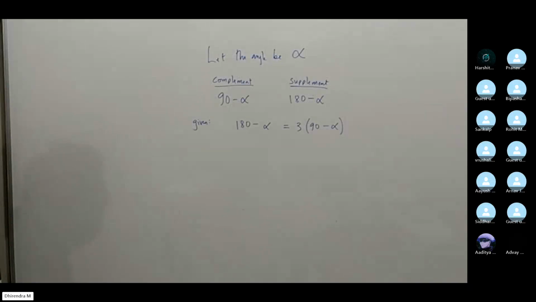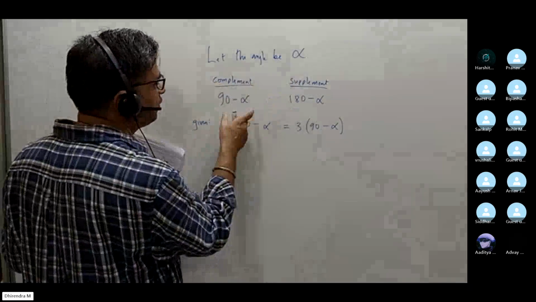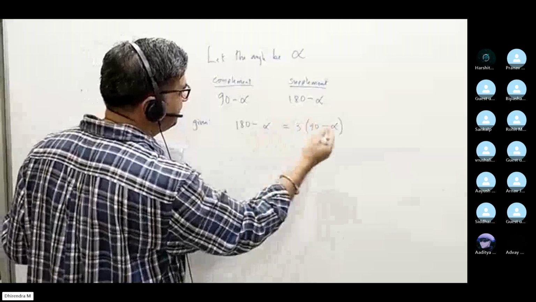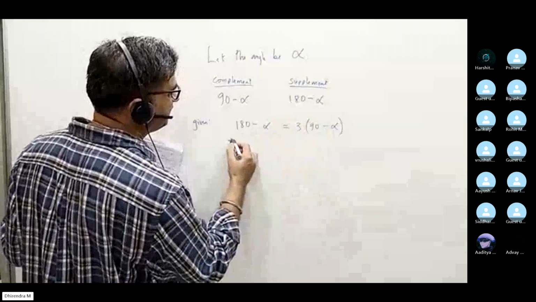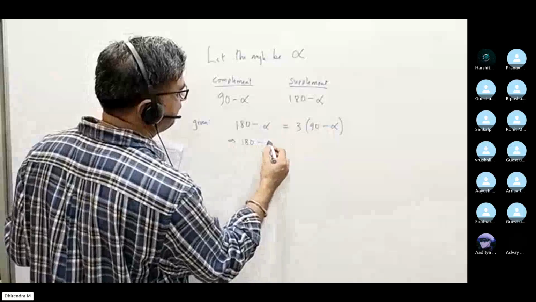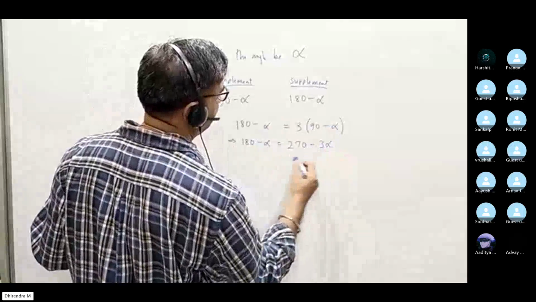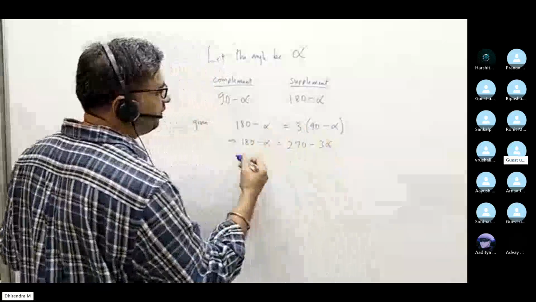Are you people completely convinced with what I have done? I took the angle as alpha, so its complement is 90 minus alpha. The supplement is 180 minus alpha, and it's given that the supplement is 3 times its complement. Now solve for alpha, that's it. 180 minus alpha is equal to 270 minus 3 alpha.